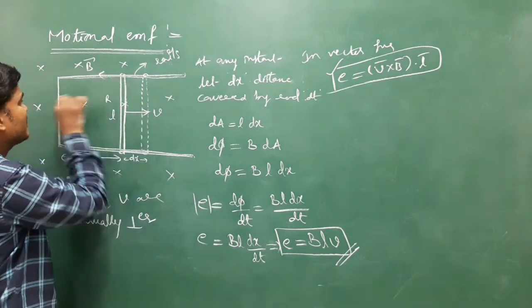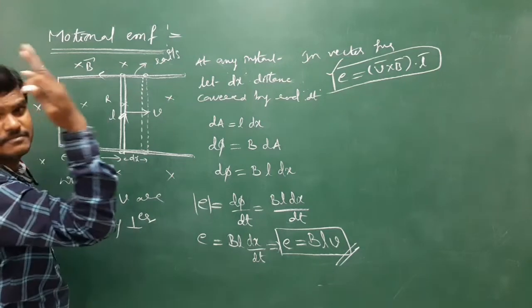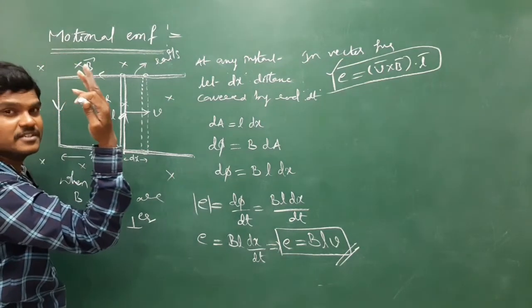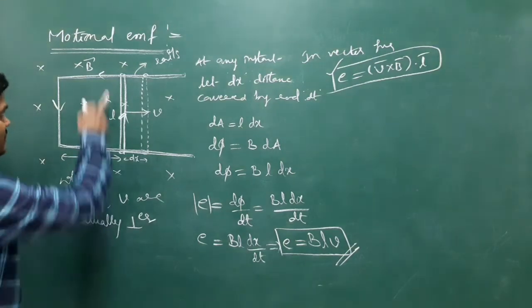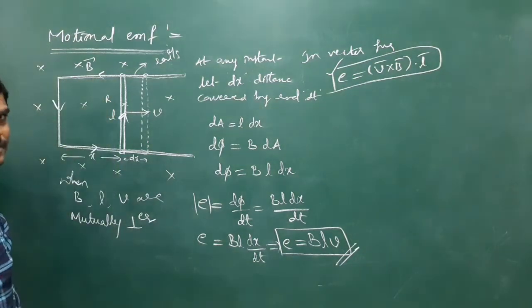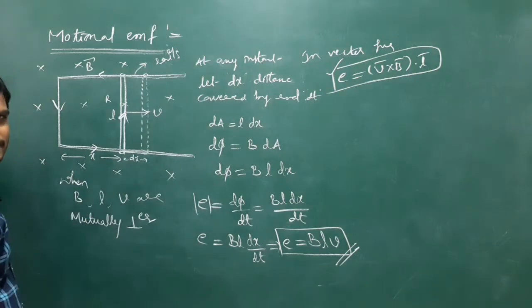So if you put an arrow mark like this, then this will create some outward field, so the flux is going to decrease. So the current in this loop, if this is treated as a closed loop, is anti-clockwise. And generally we can replace this rod by some battery symbol.